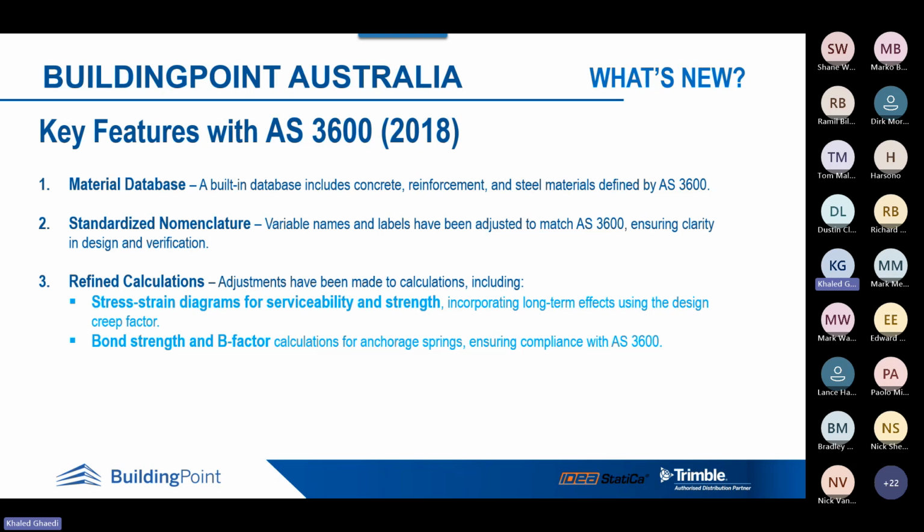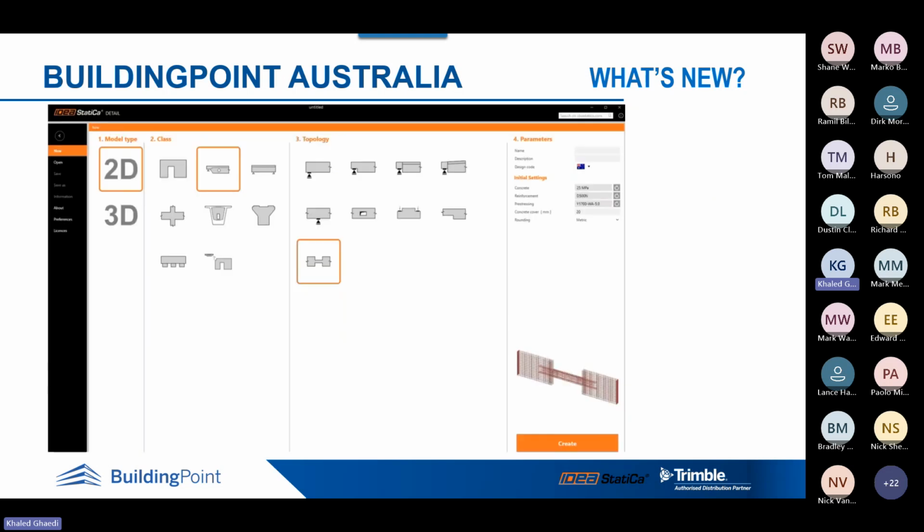And also refined calculations, just adjusted for the material model stress-strain diagram for serviceability and strength, or ULS and SLS checks. Another aspect of checking the discontinuity region is checking bond stress, and that's why some important factors like B factors were also adjusted to be compliant with AS 3600.